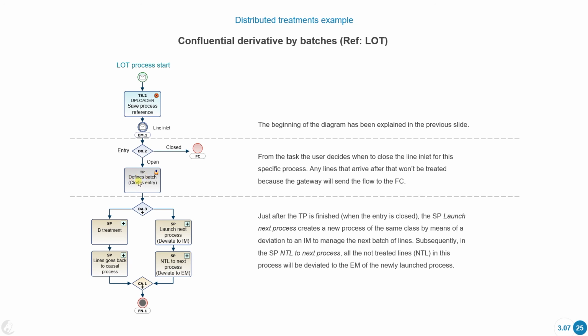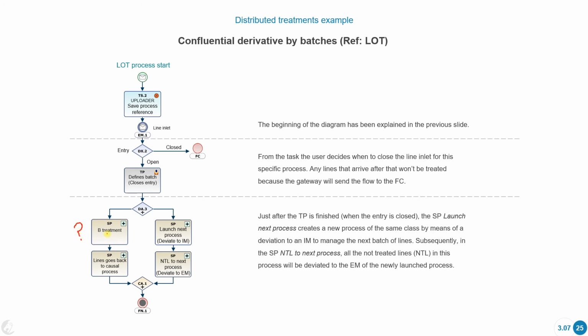Once he has the batch ready, he says, okay, now we can start working with the chairs. So the flow goes this way to the DA gateway. And here where it says B treatment, this is the specific treatment that these lines are going to receive. Okay, so maybe the wood needs to be cut, we have to drill holes, we have to glue the wooden parts together, and all that specific treatment that I'm not going to explain because it's not really important for the scenario.